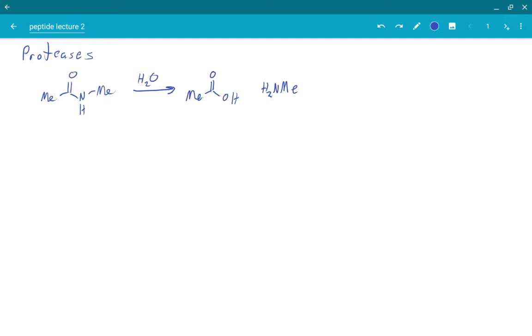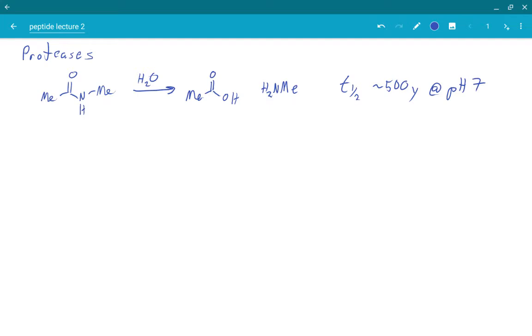But this is an extremely slow process. It has a half-life at pH 7, similar to your body, of about 500 years.